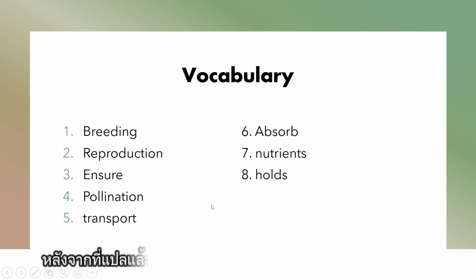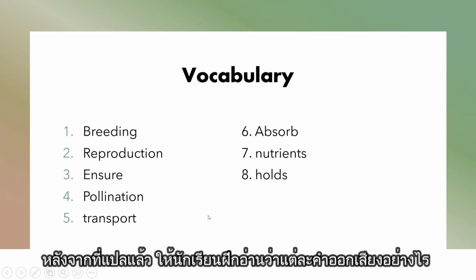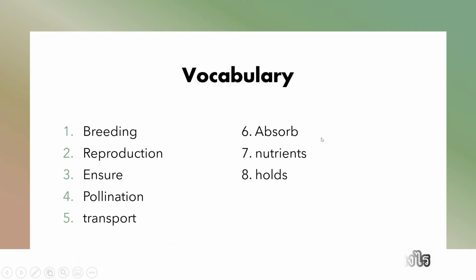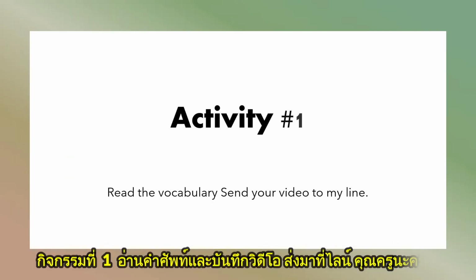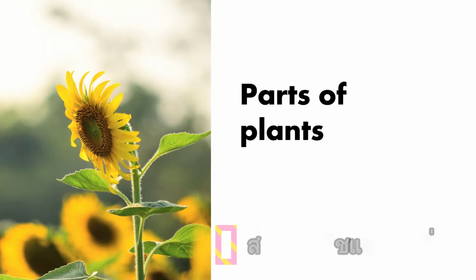And after you translate, you are going to practice how to read the vocabularies. And then you have to record yourself while you are reading the vocabularies and send your video to my line. That is your activity number 1.